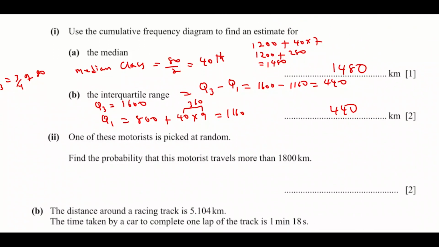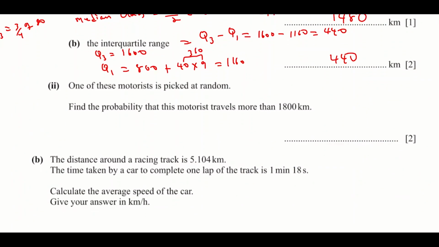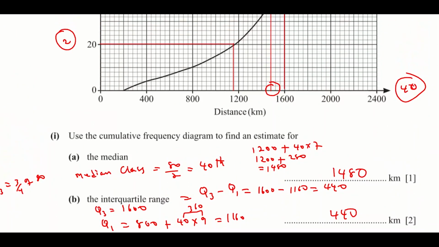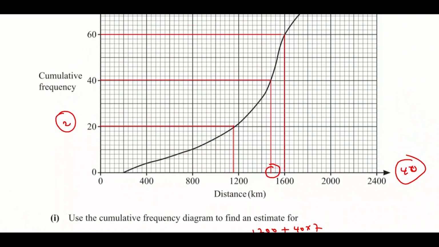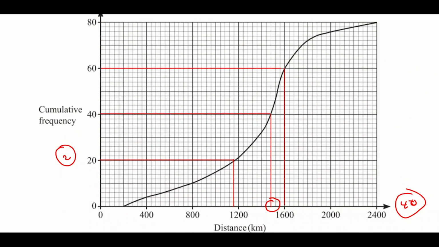Part 2: one of these motorists is picked at random. Find the probability that the motorist travels more than 1,800 kilometers. We need to identify 1,800 kilometers from the graph.